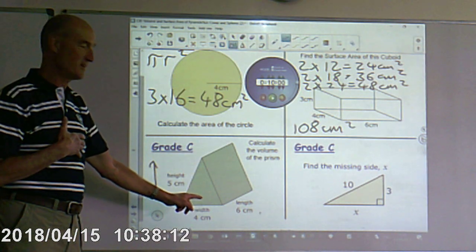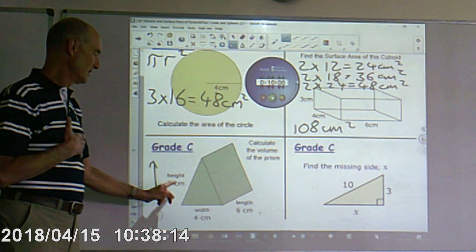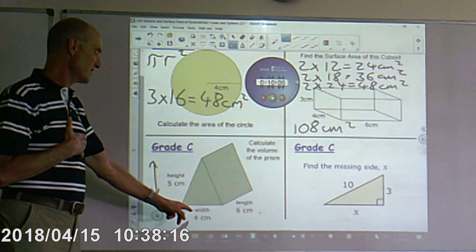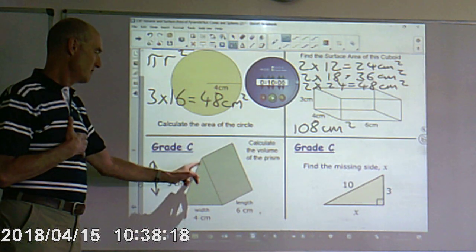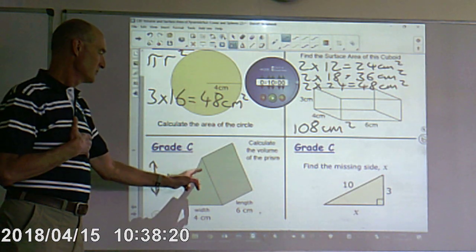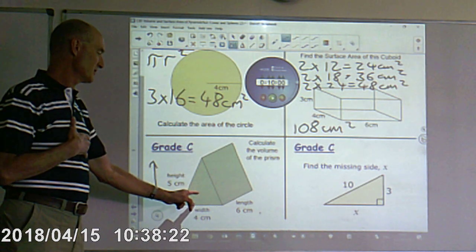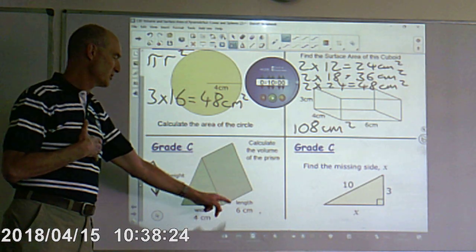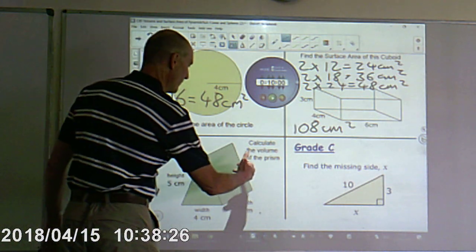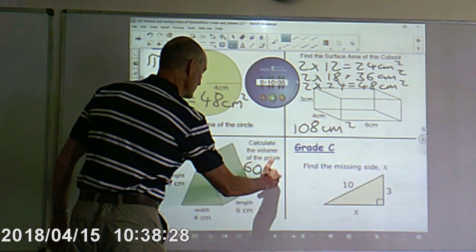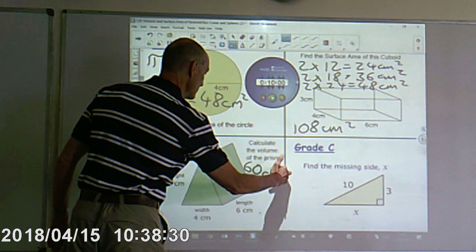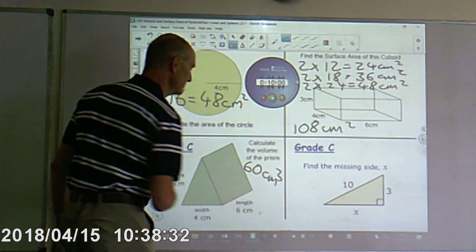We've got to halve that, haven't we? 5 times 4 is 20. Half of 20 is 10. So the surface area of that triangle is 10 centimetres squared multiplied by 6 gives us a volume of 60 centimetres cubed. Oh, nearly got that wrong.